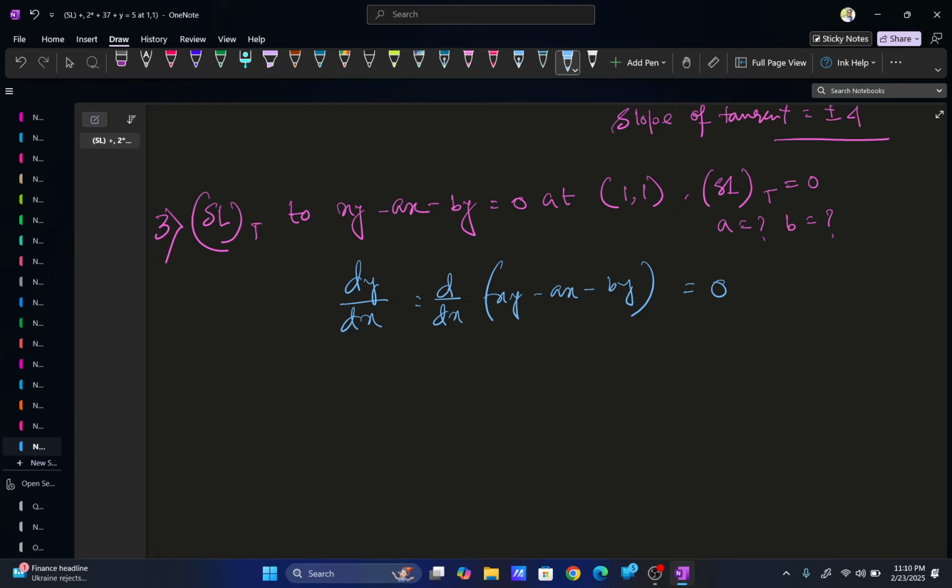Then this is y plus x dy/dx minus a minus b dy/dx equals 0.